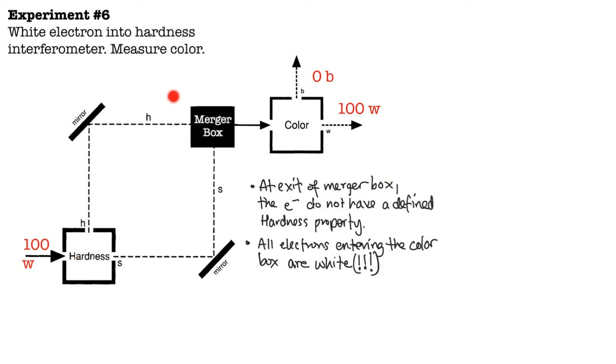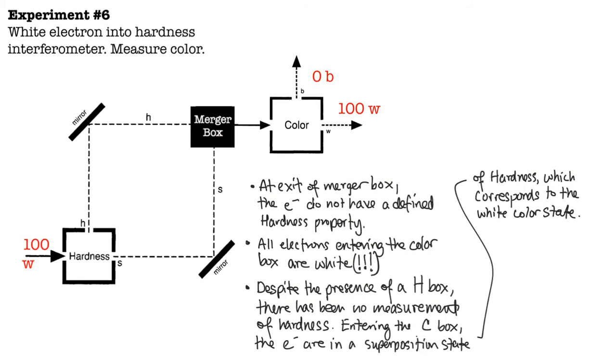So why is that bizarre? Well, these electrons have just exited a hardness box, so doesn't that constitute a measurement of hardness? And it turns out, perhaps surprisingly, that no, the presence of the hardness box does not constitute a measurement of hardness, because we still do not have which-way path information because of the merger box.